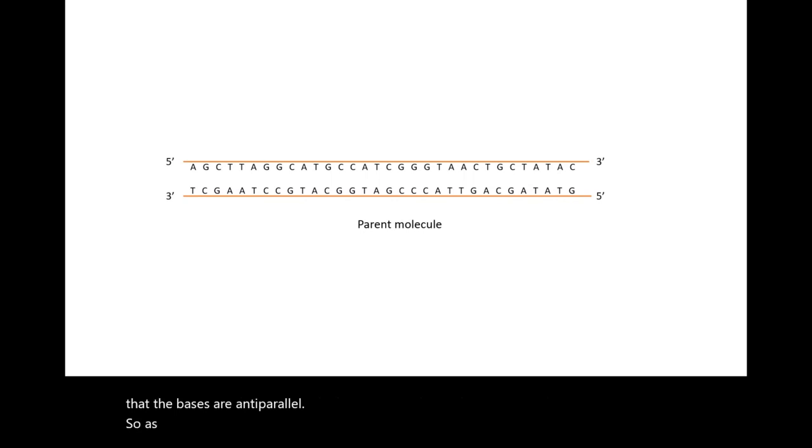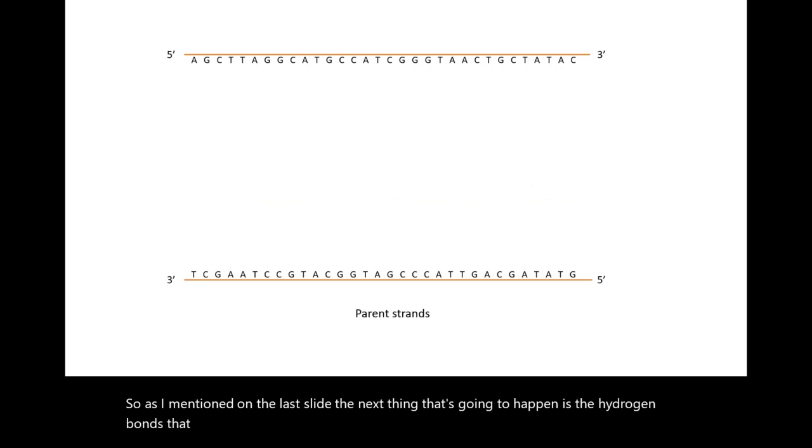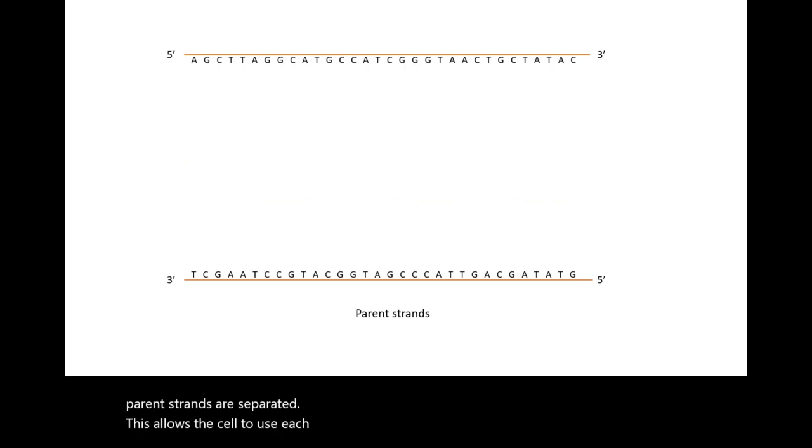So as I mentioned on the last slide, the next thing that's going to happen is the hydrogen bonds that are keeping the two strands connected to one another are broken. So now those parent strands are separated. This allows the cell to use each of these parent strands as a template.